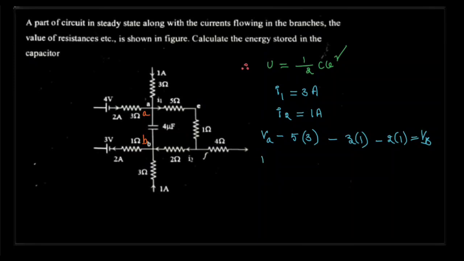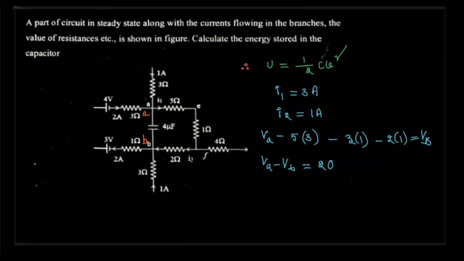Therefore VA minus VB is 15 minus 3 is 18, minus 2 is 20. So VA minus VB is equal to 20.